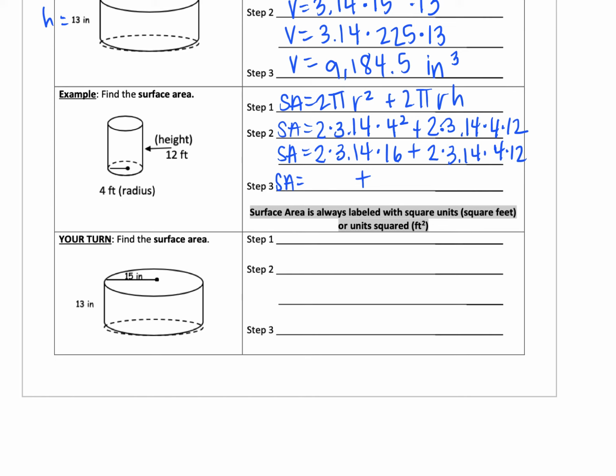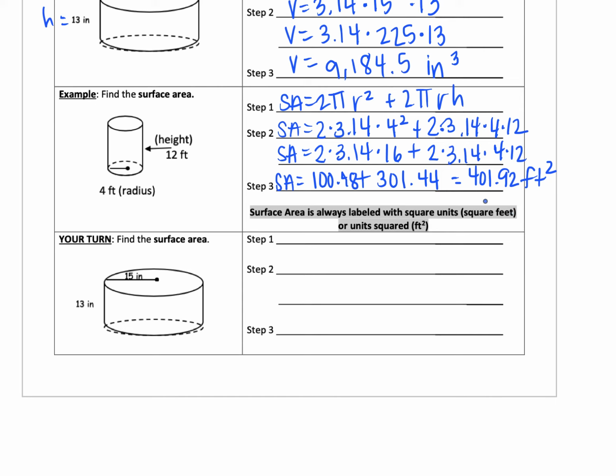This first chunk gave us 100 and 48 hundredths, and then the second part here gives us 301 and 44 hundredths. When we go ahead and add those all together, we get 401.92, and we are talking about feet squared because we're back on area here.